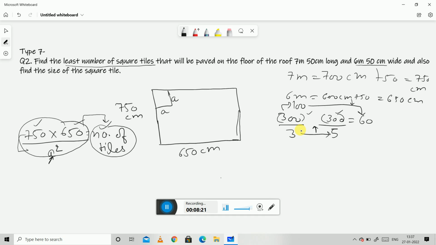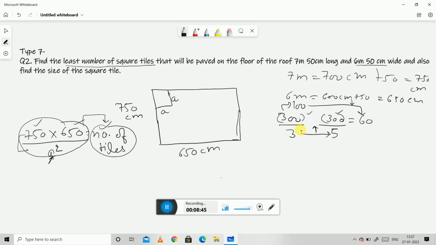Now I want the least value. When I divide this total area by the area of one square tile, I need to get the least number in the result because I want the least number of square tiles. The result of this equation is going to be the number of tiles, and that has to be the least number.